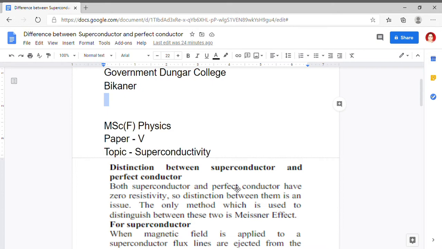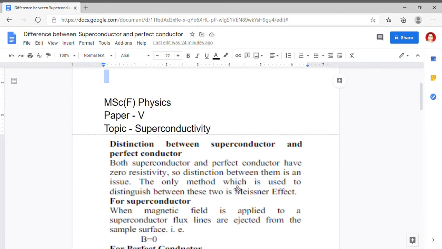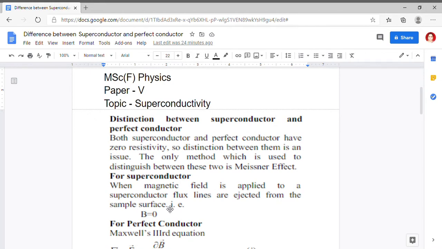What is Meissner effect? Meissner effect is when we place a material inside a magnetic field. What will be the effect of magnetic field? This effect is termed as Meissner effect. So initially, I am going to discuss this effect in a superconductor. I am taking a superconductor and placing it in a magnetic field.